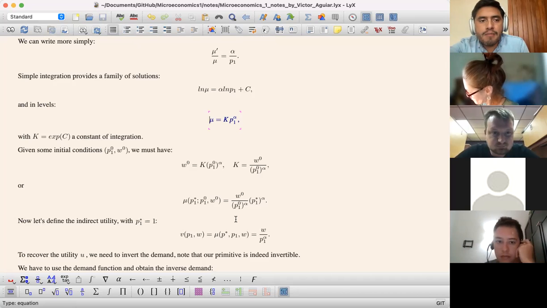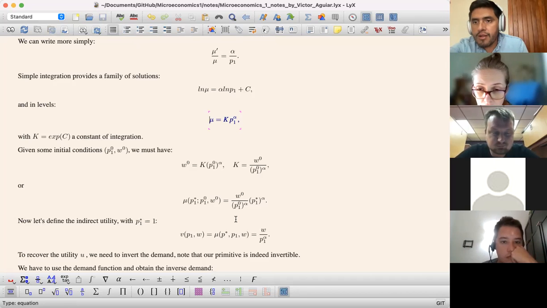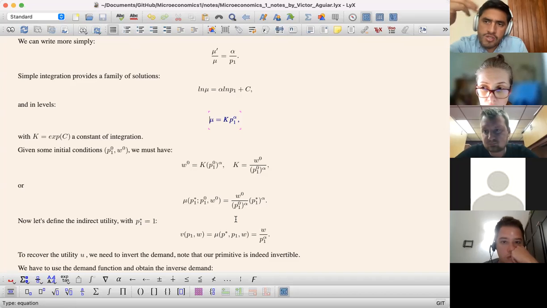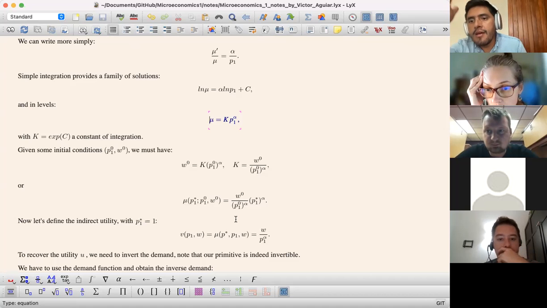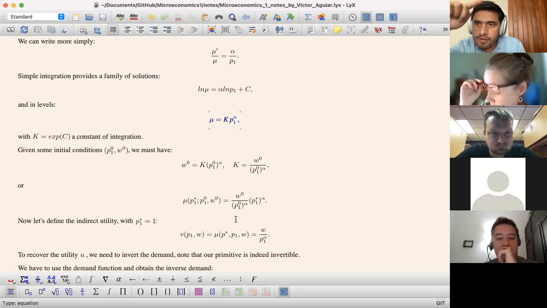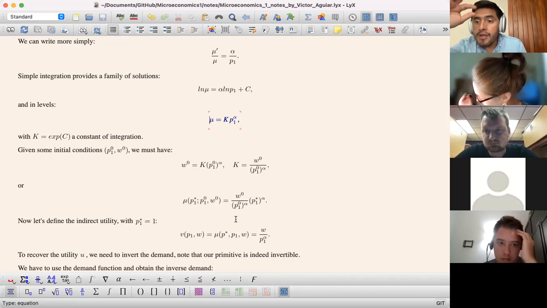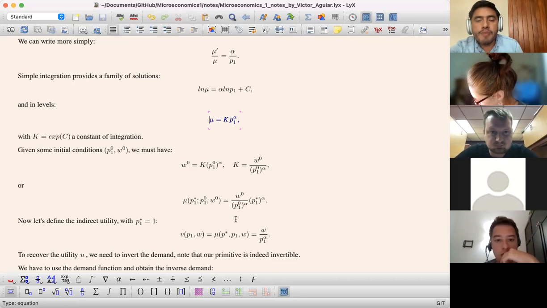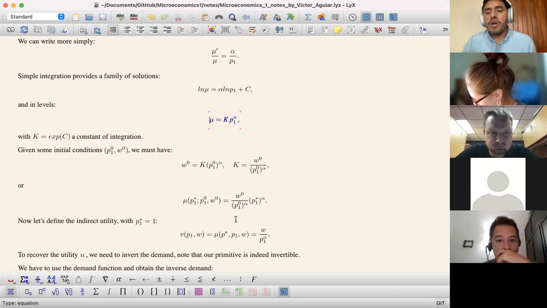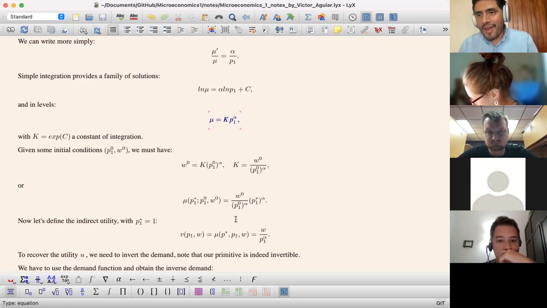So now we're going to fix the price that is not fixed, the P1, and the income level to some particular number. You can think of P10 as, for instance, the number 2, and the W0 as the number 10. This is an arbitrary price of good 1 and an arbitrary income level. When I add the superscript 0, it just means that I move from variables to numbers, okay? So given some initial conditions, numbers for P1 and W, now let me solve for K.